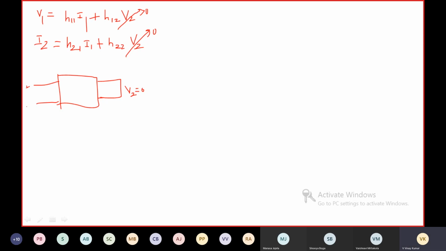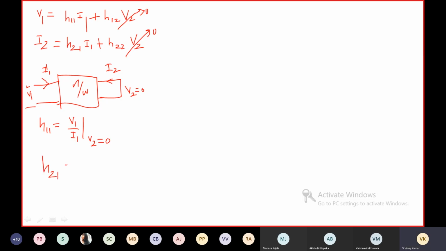Then you can apply V1 here. This will be I1, and the current going into port 2 is I2. This is the network. Then H11 is equal to V1 by I1 when V2 is equal to 0.